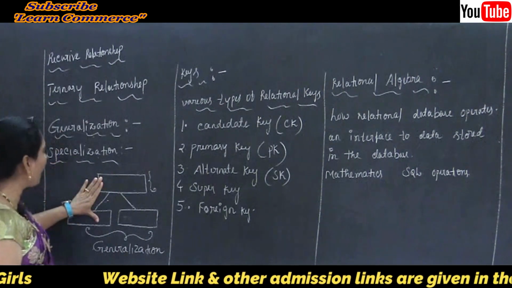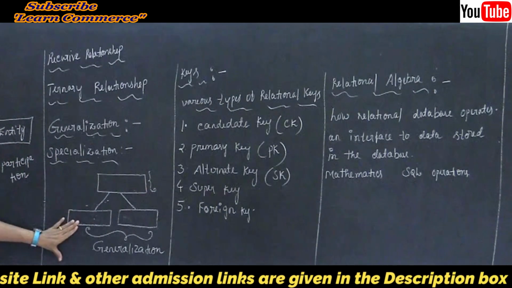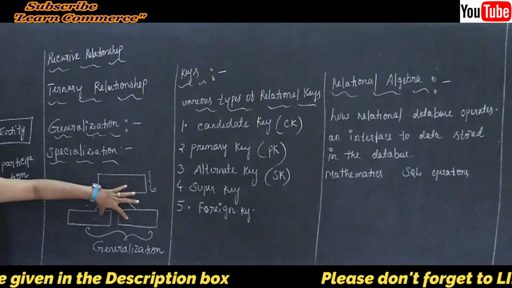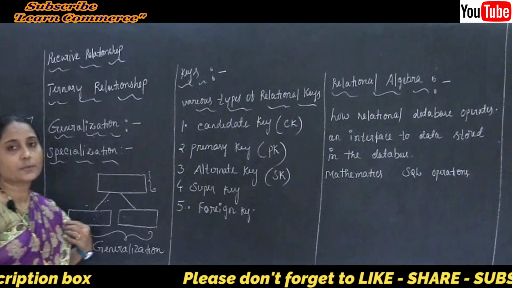This is the diagram for generalization and specialization. These two are called generalization and this one is called specialization.